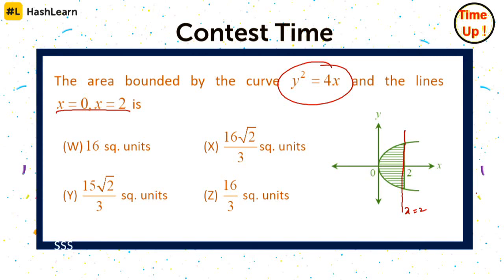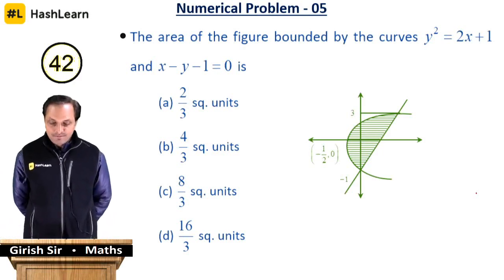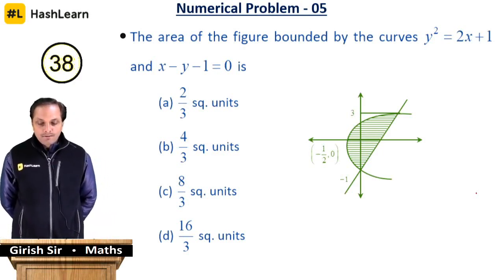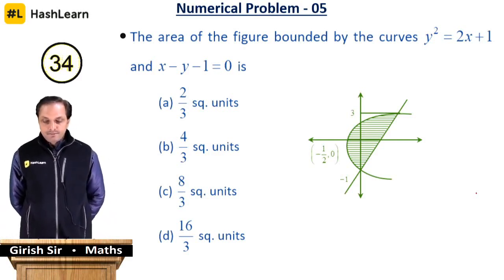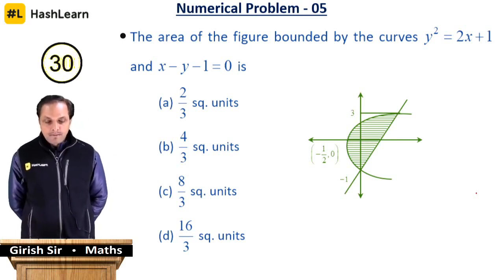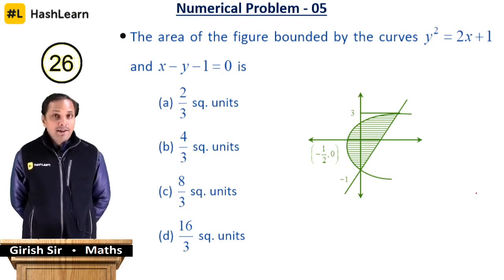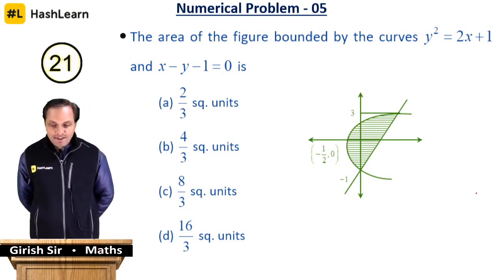Next is your numerical number 5 with 45 seconds, and here is the problem. Area of the figure bounded by the curves. So already the diagram is given. We have done a problem of the same kind just a few minutes ago.